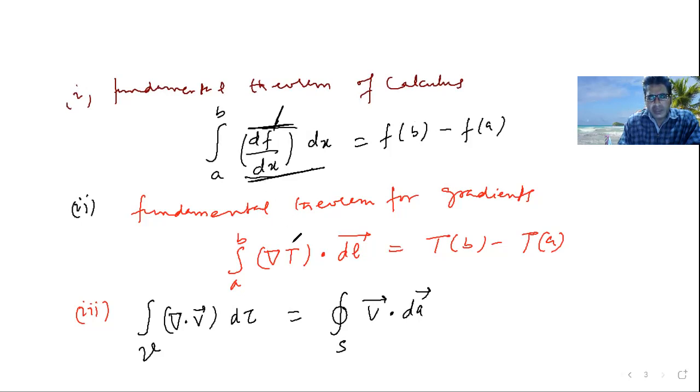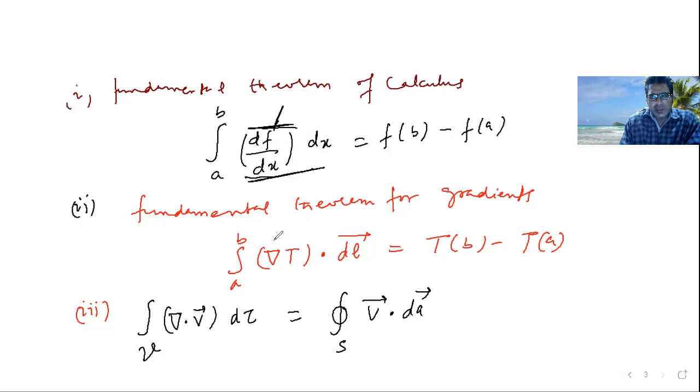Similar is the pattern in the fundamental theorem of gradients. Here we have some path. It is basically a line integral, you know. It is also saying integral of a derivative, because the gradient is a kind of derivative. It contains derivatives, dou by dou x, dou by dou y, dou by dou z.